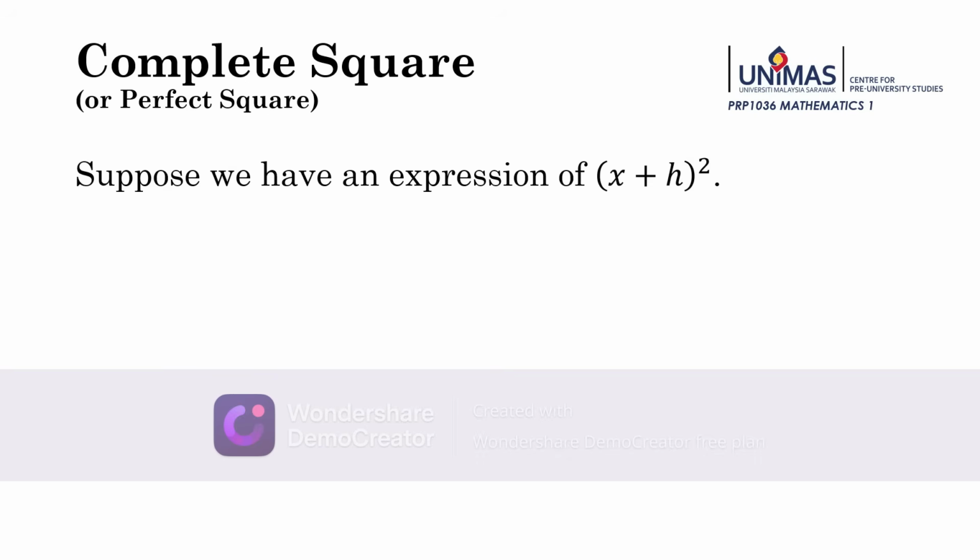Supposedly we have an expression x plus h equal to 2. Why do we call this an expression? Because it doesn't have an equal sign. When you have an equal sign, for example equals 0, we call it an equation.